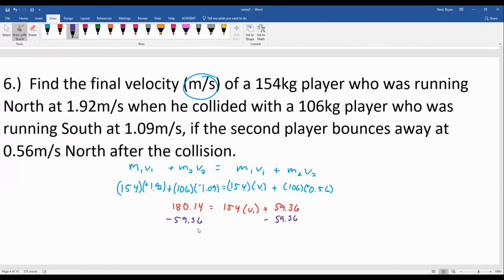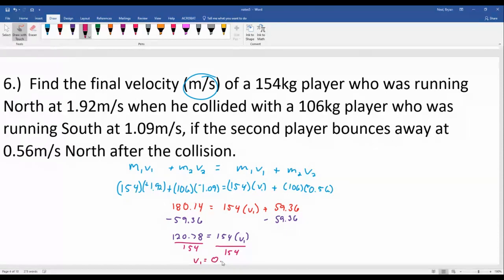That difference basically is the leftover momentum for the other player. So 120.78 is equal to 154 from their mass multiplied by a velocity that we don't know. And so we're finally down to something workable where we can finish this up. We want just the velocity, so dividing by 154 for the mass, we'll clear that away.